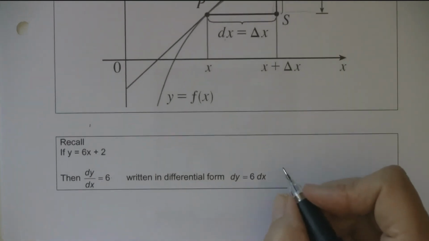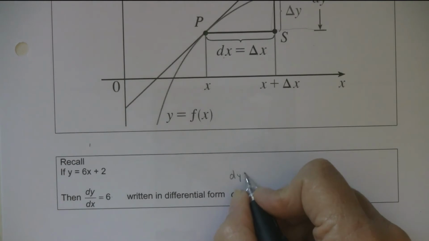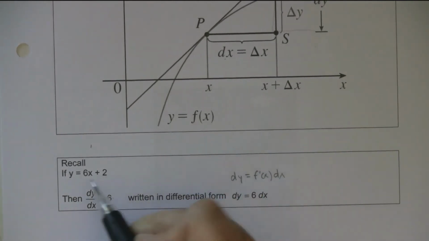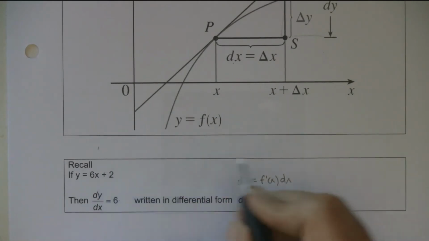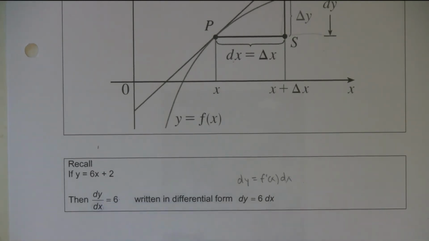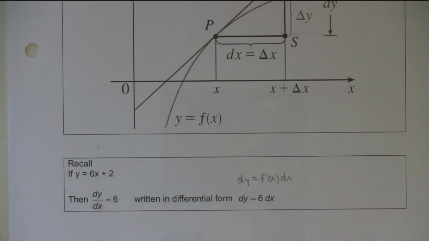And that is what we had up here, right? dy equals f prime at x dx. And so what was that derivative? Well, it was 6, so 6 dx. So it almost just feels like I'm just kind of rearranging this furniture and multiplying that to the other side. And that's what it looks like, and I'm told don't say that, because that's not what you're doing. You're really using this formula here, but that is what it feels like, right? Kind of moving that over.